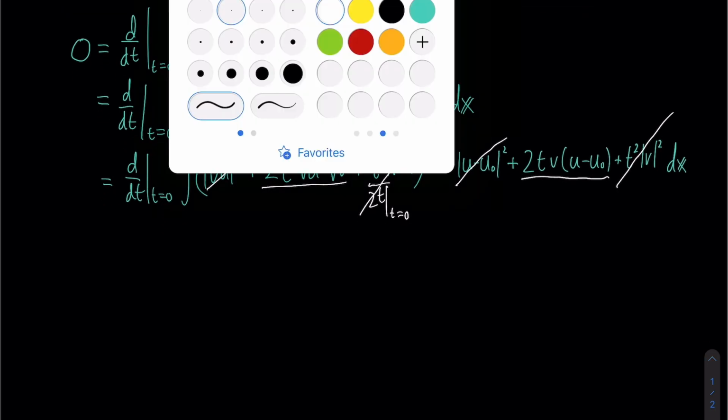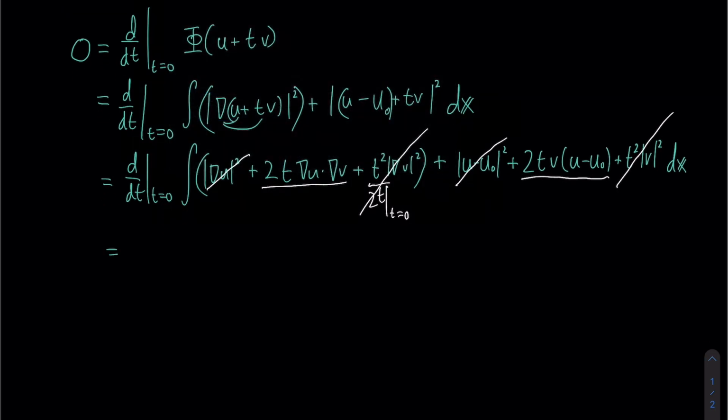So now we have the integral of, and furthermore, 2 is a non-zero constant, so I'm just going to cancel it because I have 0 on the other side. So the t just got derived, right? So these disappear as well.